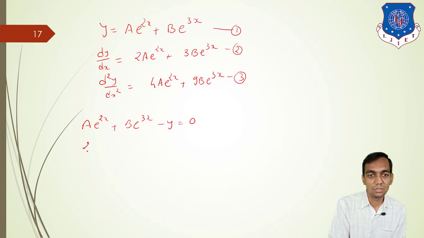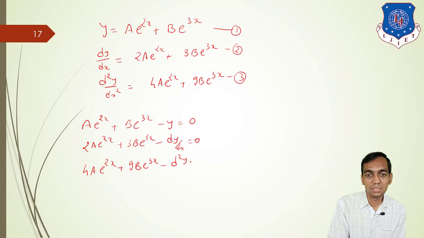In the same manner, 2a e raised to 2x plus 3b e raised to 3x minus dy by dx is equal to 0, and 4a e raised to 2x plus 9b e raised to 3x minus d square y by dx square is equal to 0.